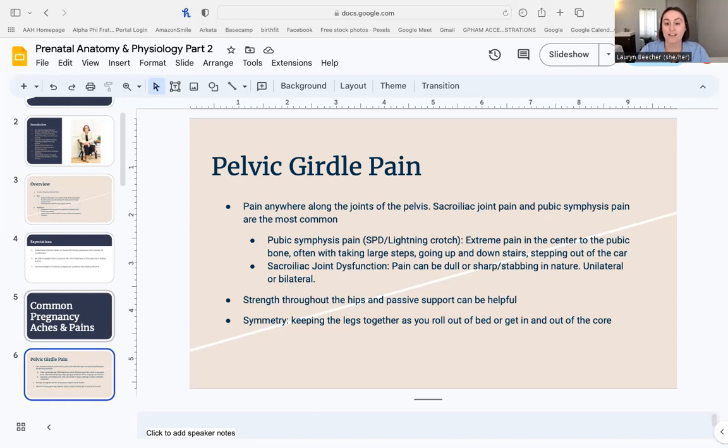And it often happens with movement, where they go to change positions. It could be something really simple like standing up out of a chair or rolling over in bed, and they feel this sharp or this stabbing pain at their SI joint. Sometimes it happens on one side, oftentimes it happens on both.